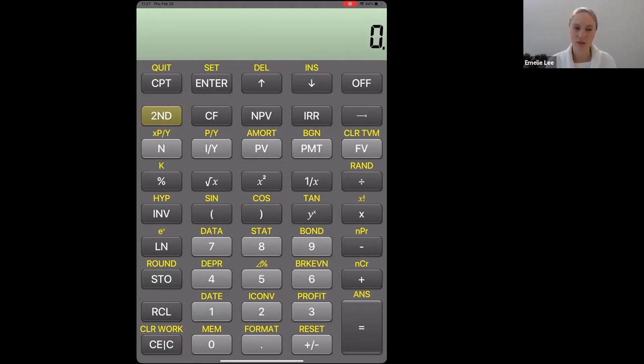Or you can just do it in one go. You're going to have to practice using your calculator. I know that sounds silly, but you're going to have to practice using your calculator because it doesn't work quite the same, right? It likes to have whatever it's putting in on the screen first, and then you tell it what to do with it, right? That's a little bit backwards from most calculators that I've worked with, at least.